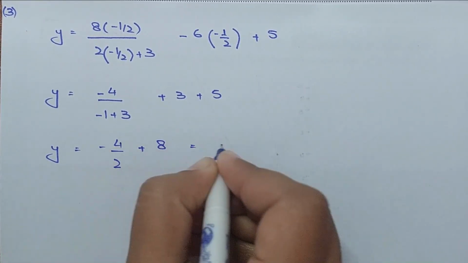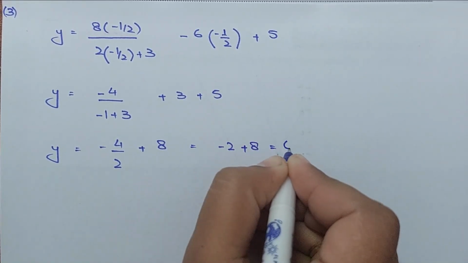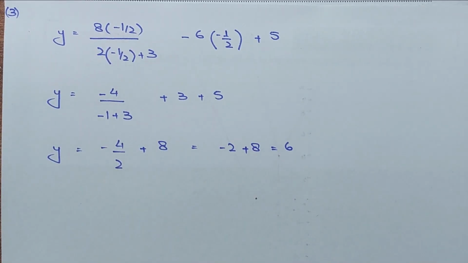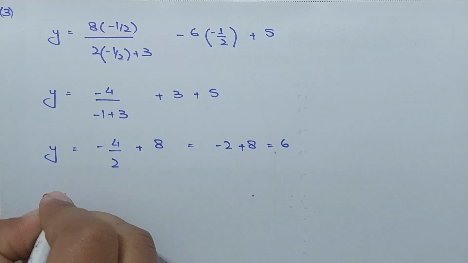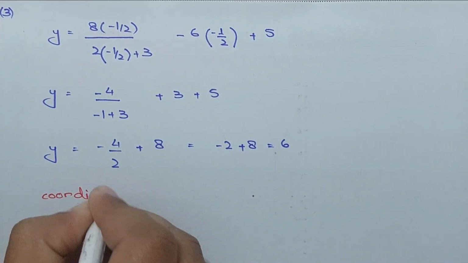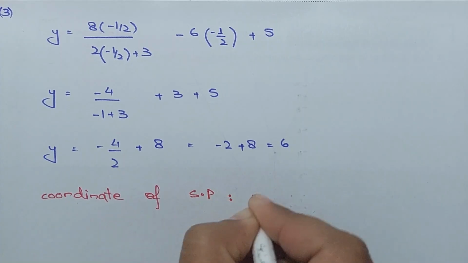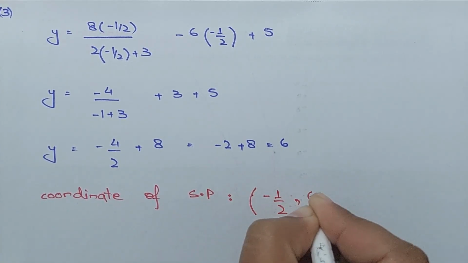And this is 2 times 2 plus 8, that is equals to 6. When x value is minus 1 by 2, the y is 6. This is the first coordinate of the stationary point. When the x is minus 1 by 2, the y coordinate is 6.